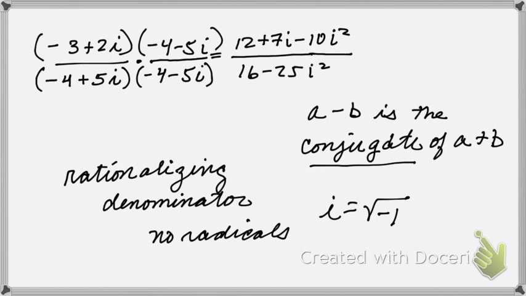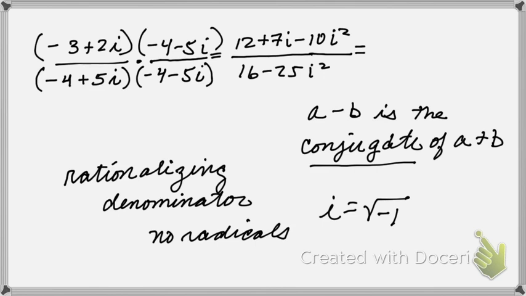And what we want to do here is we want to deal with our i squared. So this i squared here is negative 1, right? That's going to be negative 1. And same thing down here, this i squared is negative 1. Okay? So we'll just deal with that and simplify as much as we can. That's 12.